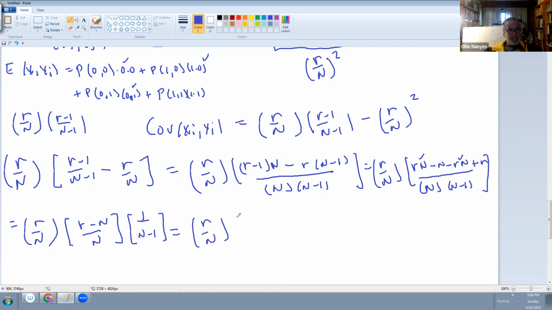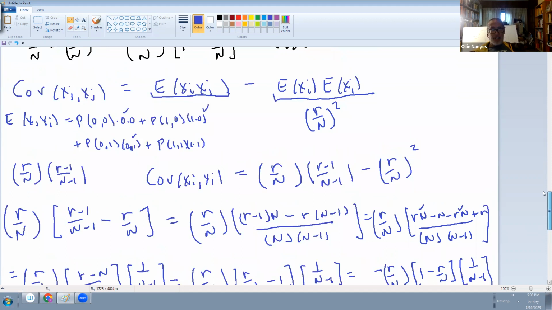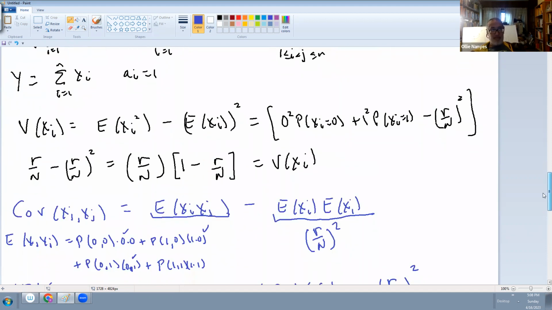Now I'm going to write this as r over n minus 1. But notice r over n is less than 1, so we'll just take this minus sign out. So this factor here is now positive. And we have this one here, which will be useful later. So that's the covariance of xij.